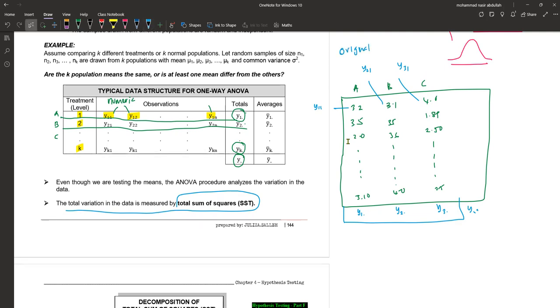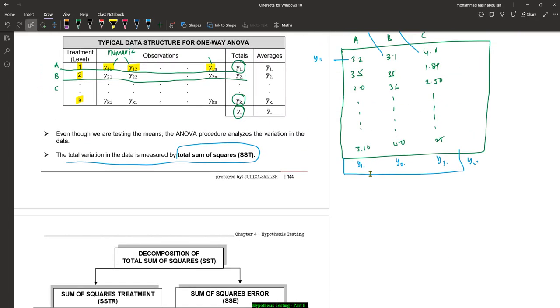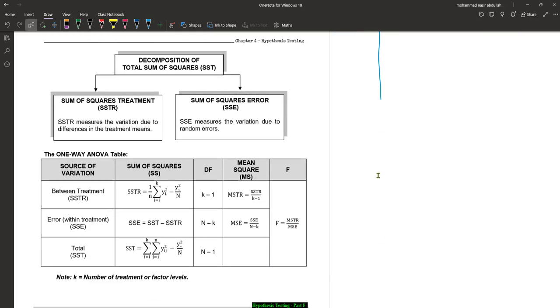So we should have more than 2 groups, right? Let's say groups D ada banyak pun boleh, tak ada masalah. So then from this original data, we need to transform this data to one-way ANOVA table. So this is the structure, layout or presentation for one-way ANOVA.